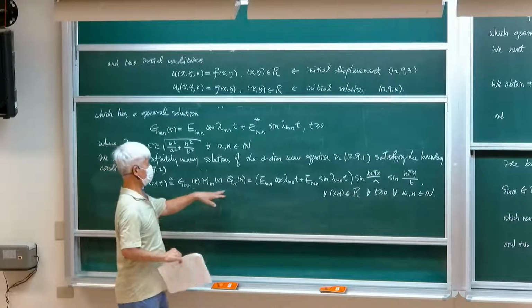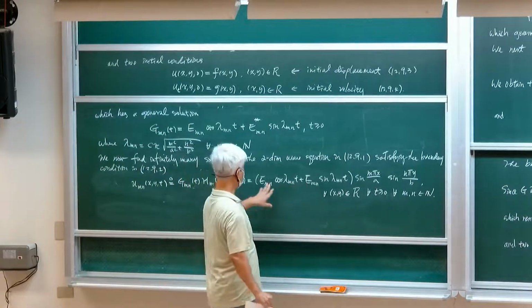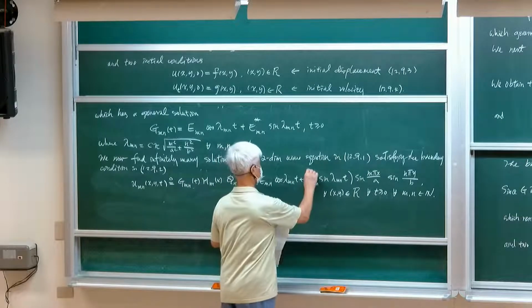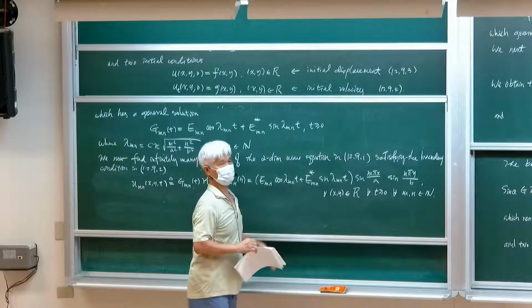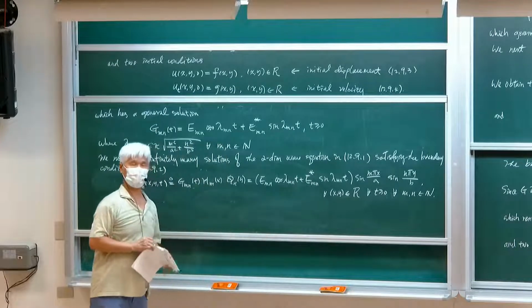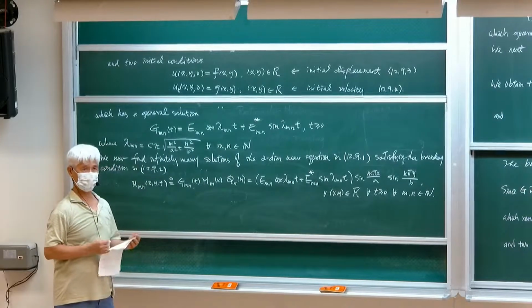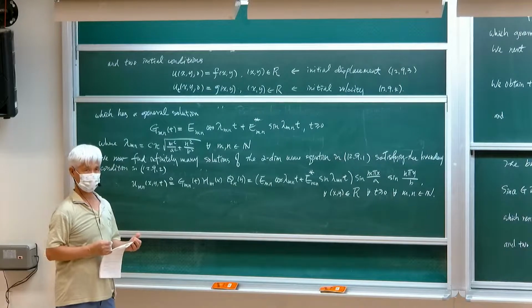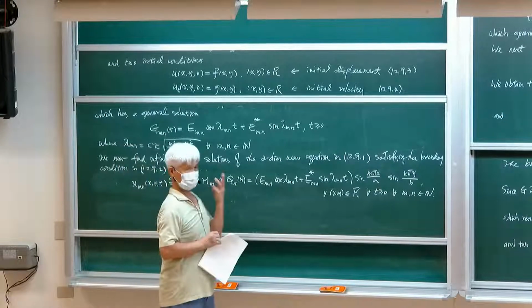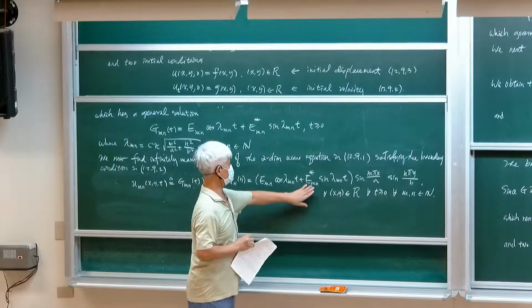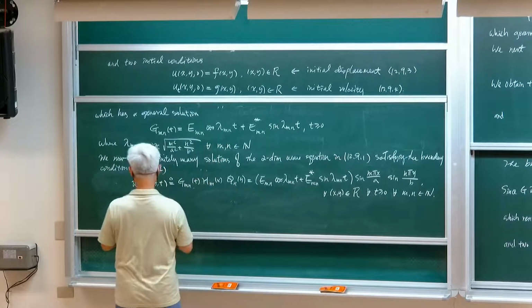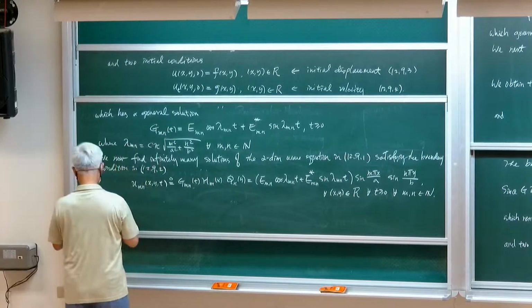And now the unknown coefficients E_mn and E_mn star will be determined by the initial conditions. We have two initial conditions to determine these.